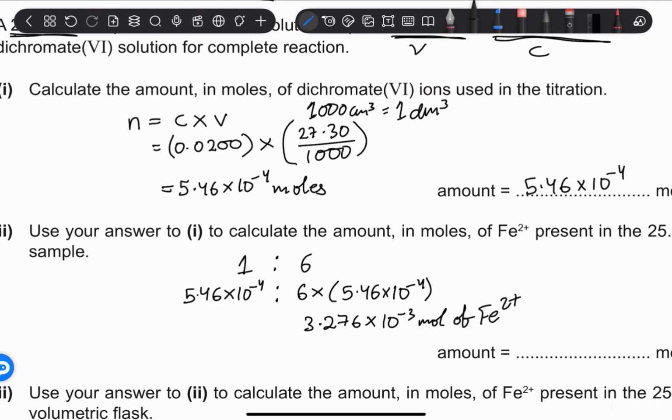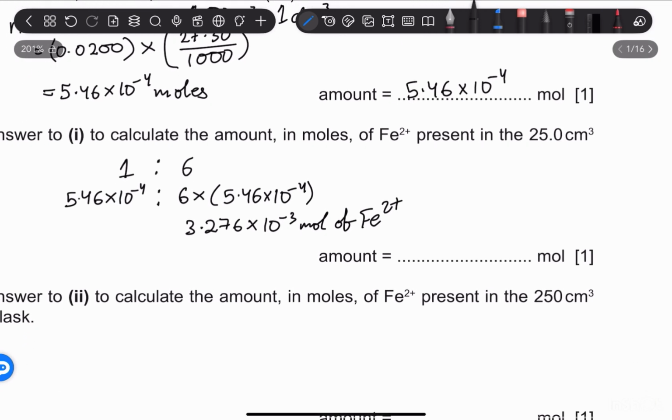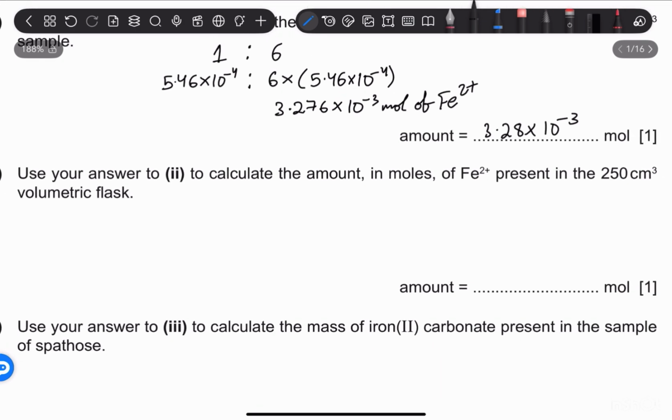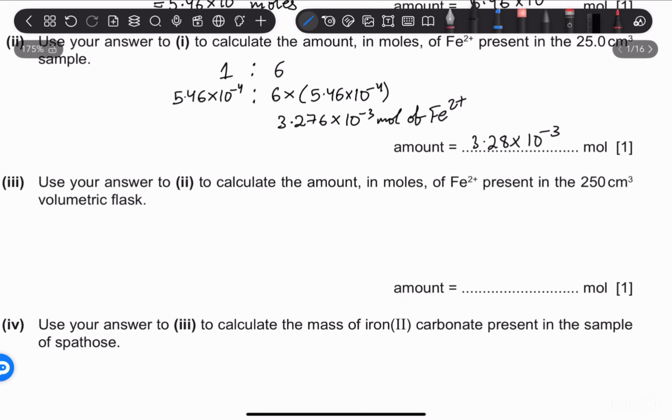But the amount that we would put in is 3.28 because we need to write it in 3 significant figures. So that is our answer. However, when we're doing calculations in the questions later on, we will use the more accurate figure. Until the final answer is stated, you have to use the figures you had before.